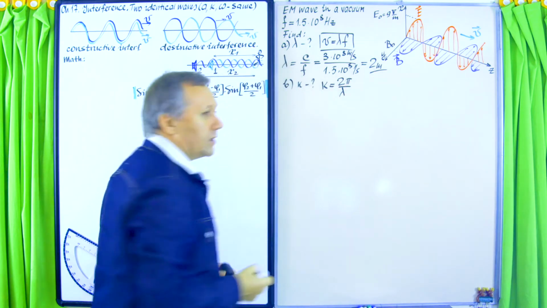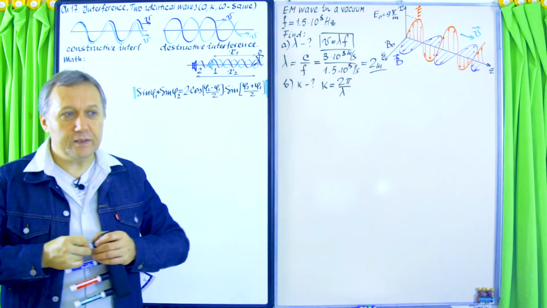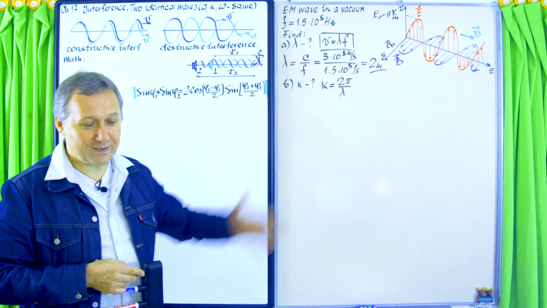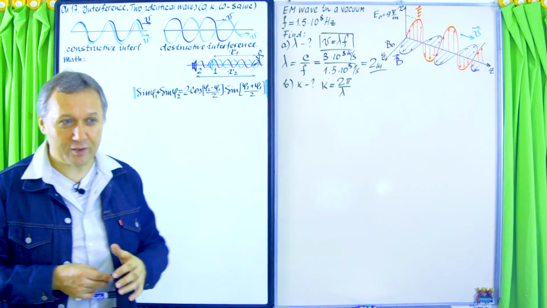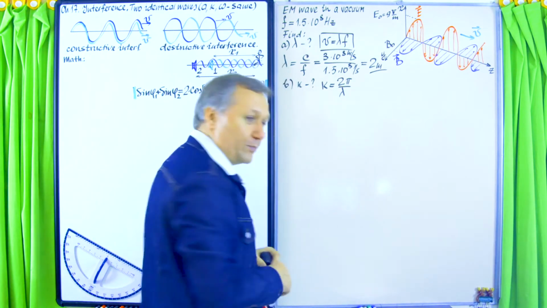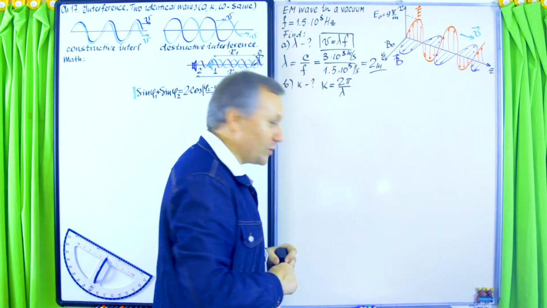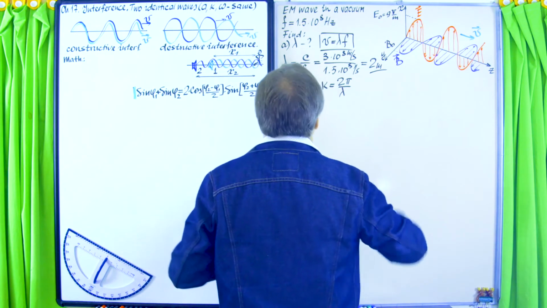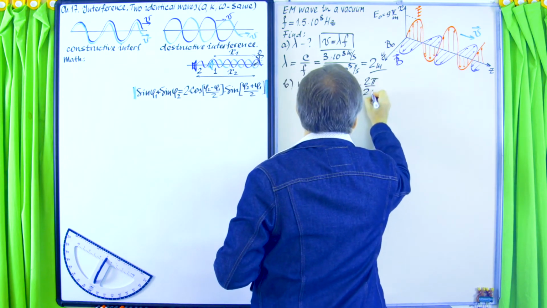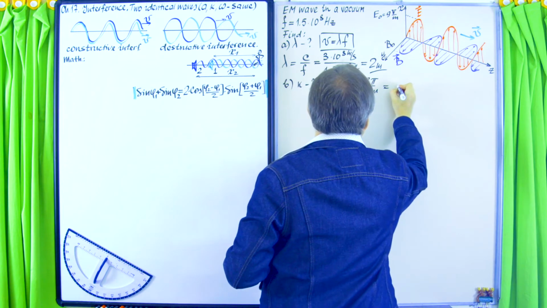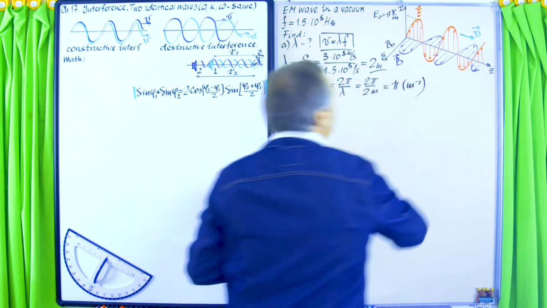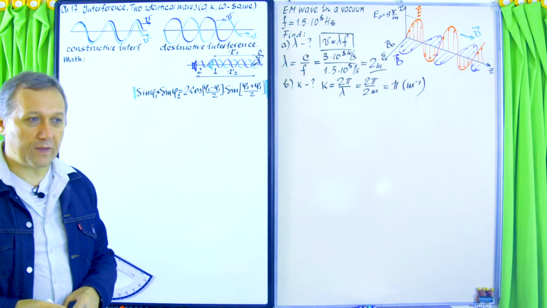It's pretty much exactly the same as what we did yesterday, except now a few things must be remembered: these two traveling waves are perpendicular to each other and their amplitudes are related. The rest are pretty simple questions. So 2 pi divided by 2 meters will be pi inverse meters. That's the value of k.